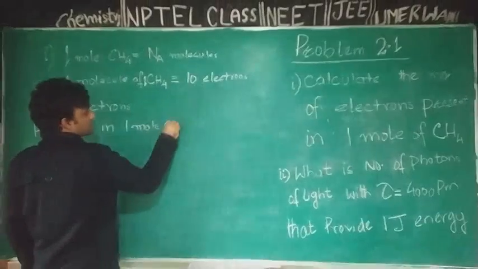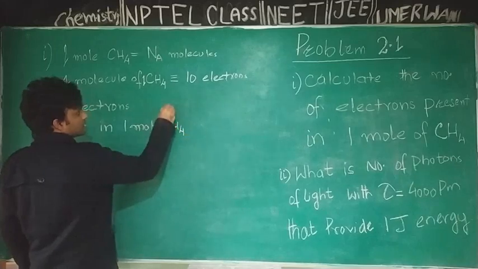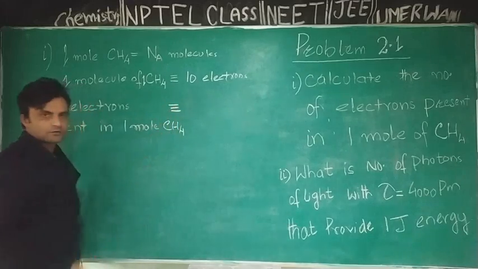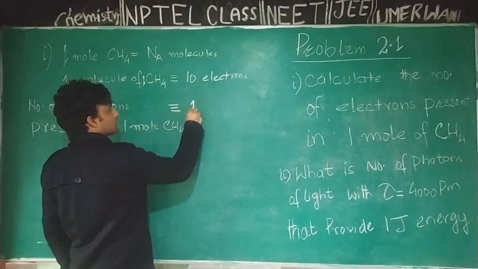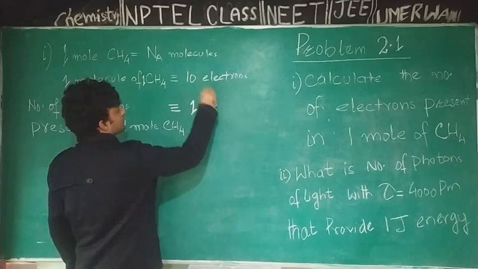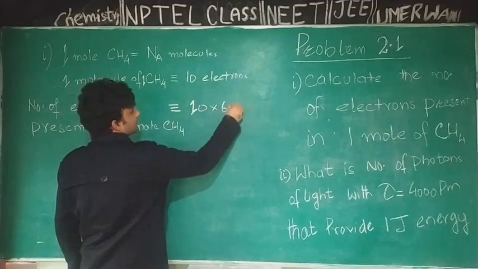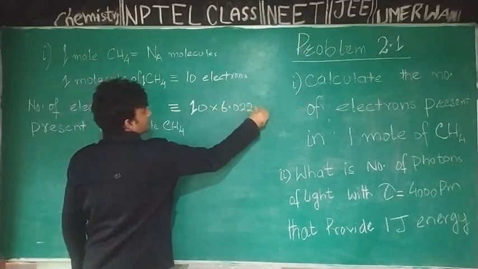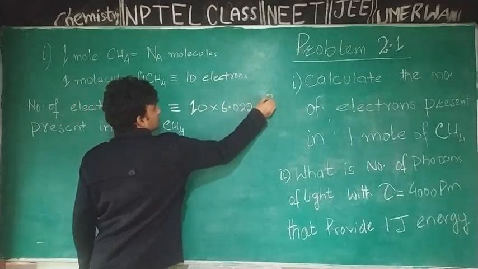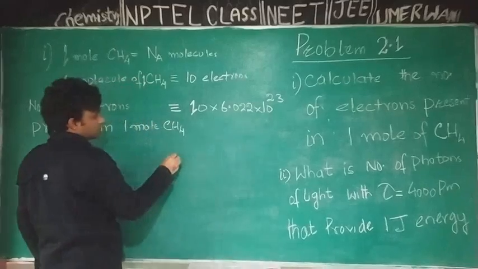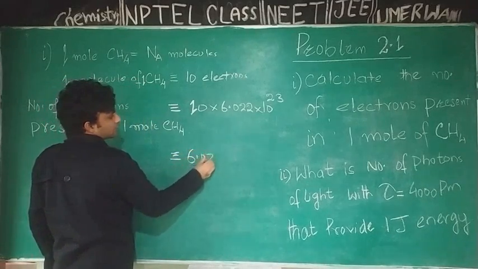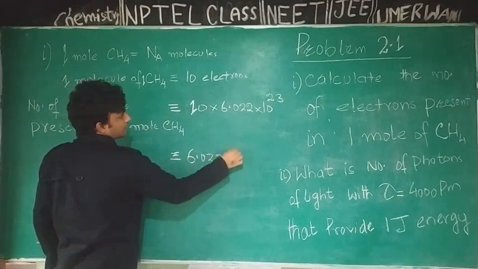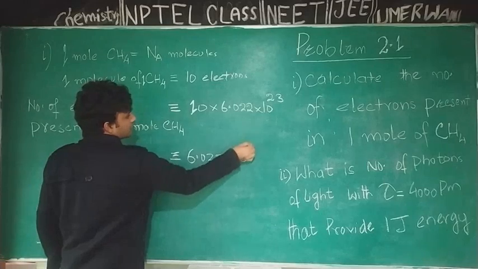Number of electrons present in 1 mole methane will be equal to number of electrons present in its one molecule, which is 10, and total number of molecules, which is Avogadro number 6.022 into 10 to the power 23, and it will come equal to 6.022 into 10 to the power 24.